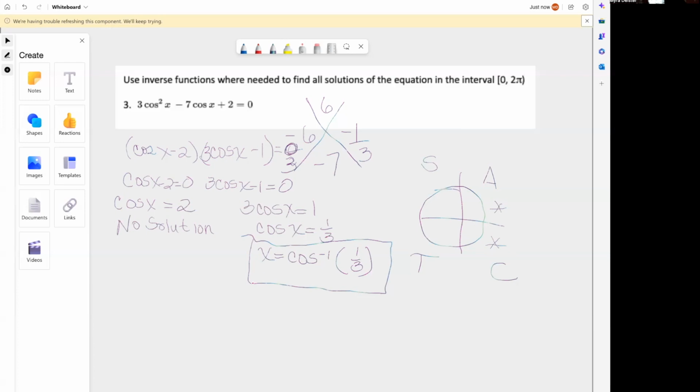So what I have to do to get my other angle is x equals 2 pi minus my inverse function. And that's how we use inverse functions to find all the solutions. I hope this was helpful and you can get started on your assignment.